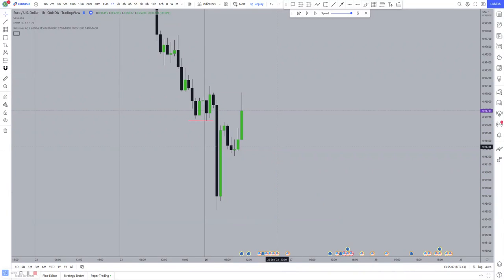This is a break in market structure, price forming a lower low, because we are bearish on the higher time frame. On the lower time frame we are bearish, so price is making a new leg or a lower low.